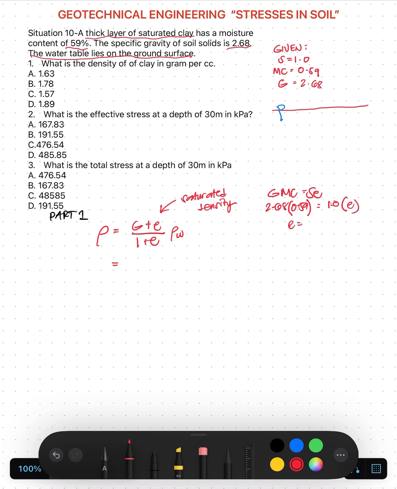Therefore e is 2.68 times 0.59 over 1, so 1.5812. Substituting it here, we have 2.68 plus 1.5812 over 1 plus 1.5812 times the density of water, which is 1 gram per cc.